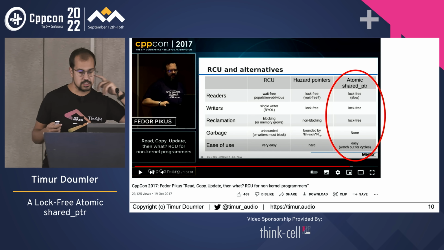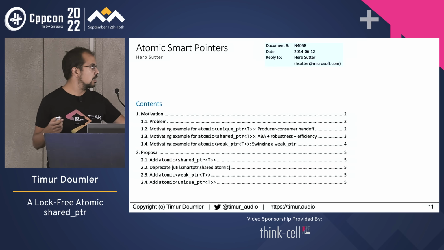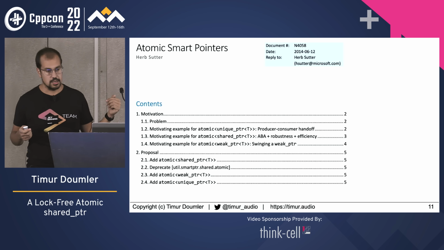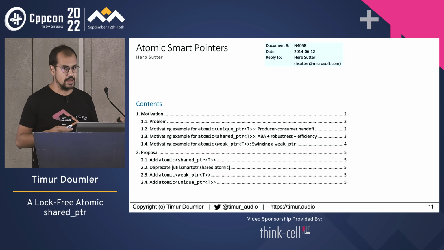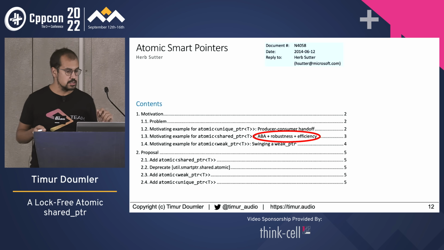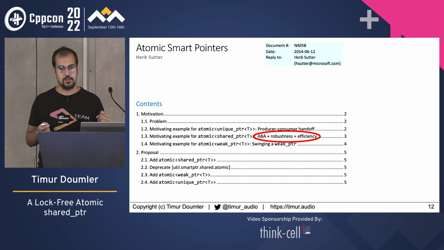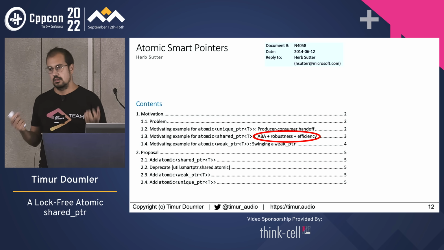But the atomic shared pointer has its place, and therefore Herb Sutter in 2014 wrote a paper to add it to the standard. Here he mentions as the motivation for the atomic shared pointer ABA, robustness and efficiency. What is this about?